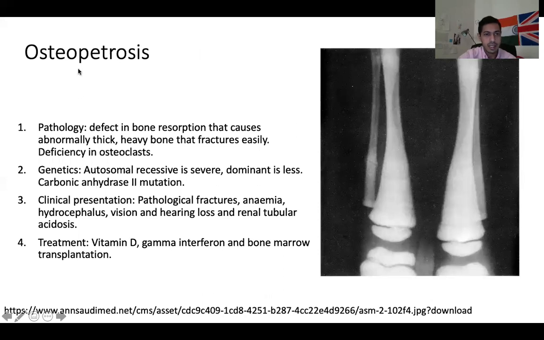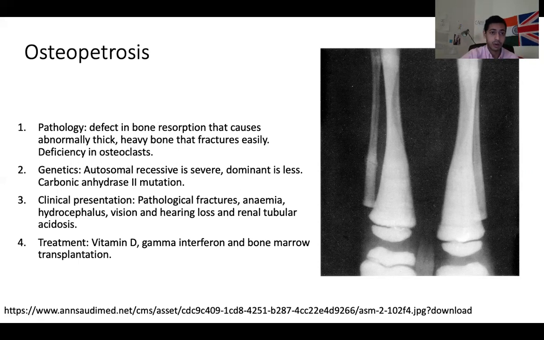Osteopetrosis is the next pathology, and once again, this is another defect in bone resorption that causes abnormally thick and heavy bone that fractures easily, and it's mainly caused by deficiency in osteoclasts.